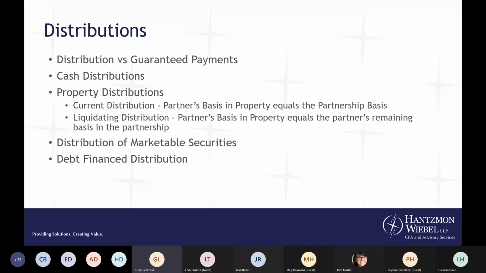Because that $10 that Josh got for running the partnership is really a guaranteed payment, it should be deducted from income. So instead of 50, the partnership's income is 40, and we each got 20, and Josh got a $10 guaranteed payment on top of that. Josh gets the benefit of half of the deduction of the guaranteed payment, and I get the benefit of half of it.